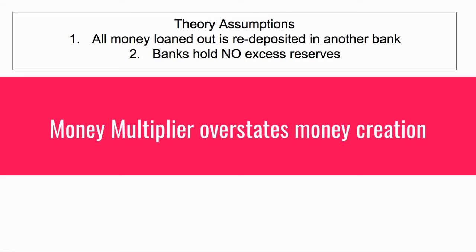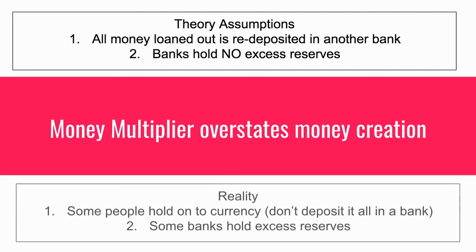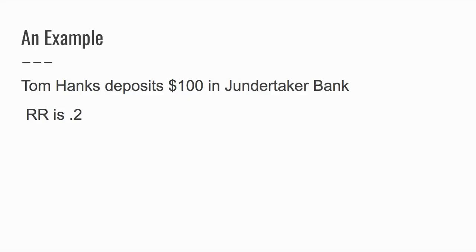In reality, some money leaks out in assumption 1 and assumption 2. In reality, some people actually hold on to the currency that they borrow from the bank. They don't just deposit it all in a bank again. And some banks do hold on to excess reserves. I hope I explained that clearly. Sorry if I didn't. Email me if you have questions.